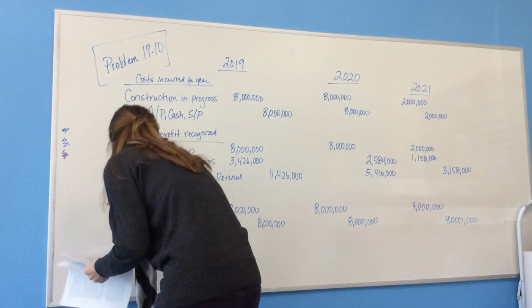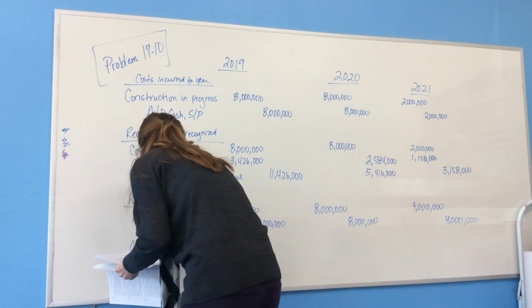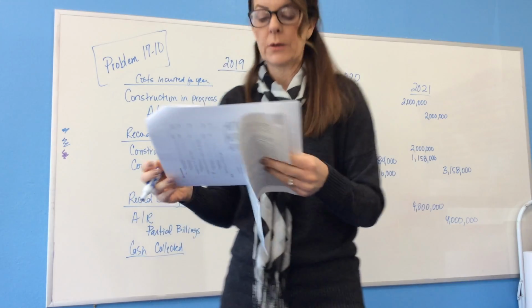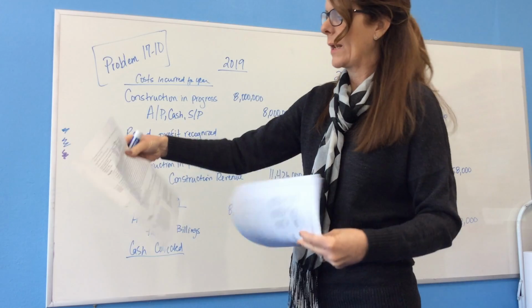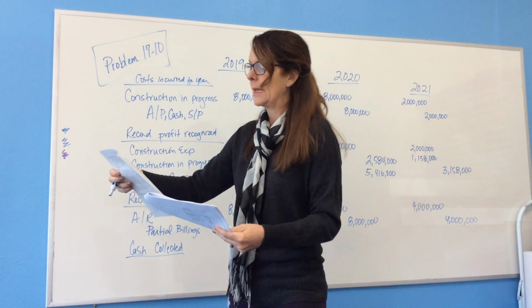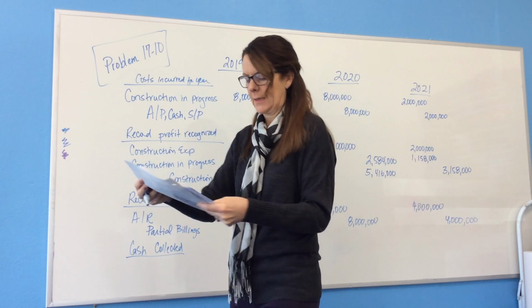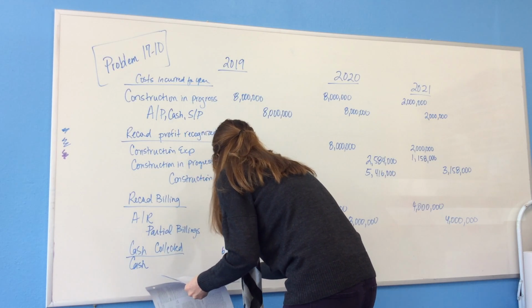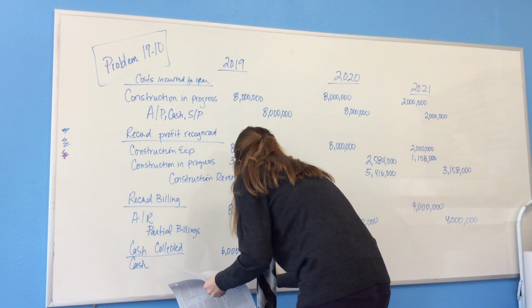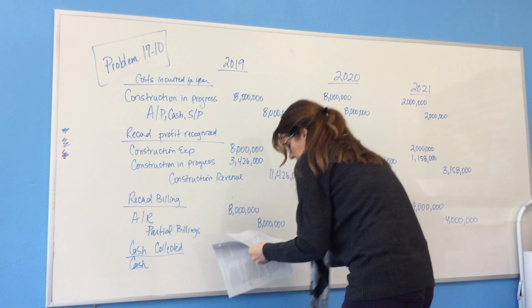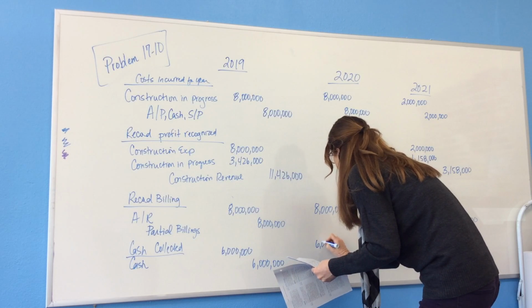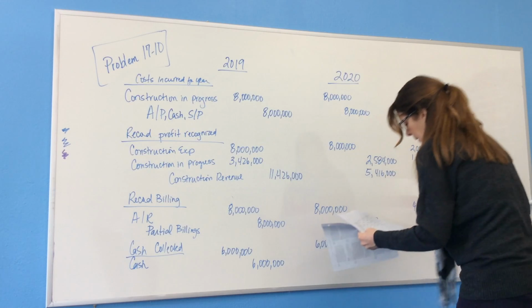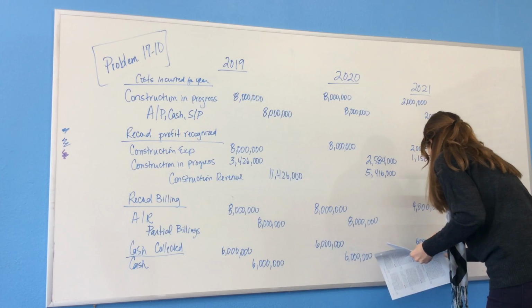I've got to record cash collected. I hope you can see down here. If not, I'll tell you when I'm writing. So under cash collected for the 3 years, I'm going to debit cash, because this is from what I received in the book. It says collections to date. So that's how I'm going to get this. The cash amount is going to be $6 million, then I've got also 6 million in 2020, and then also 6 million in 2021.